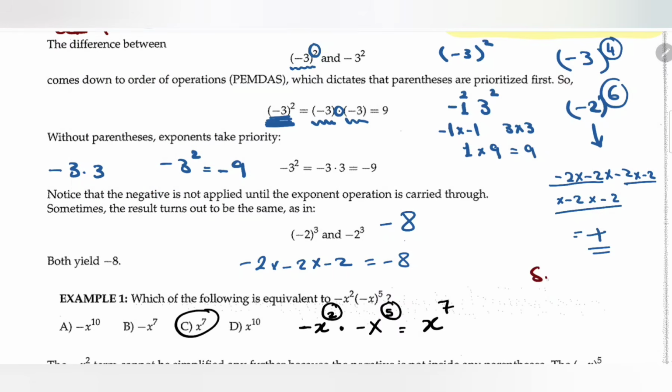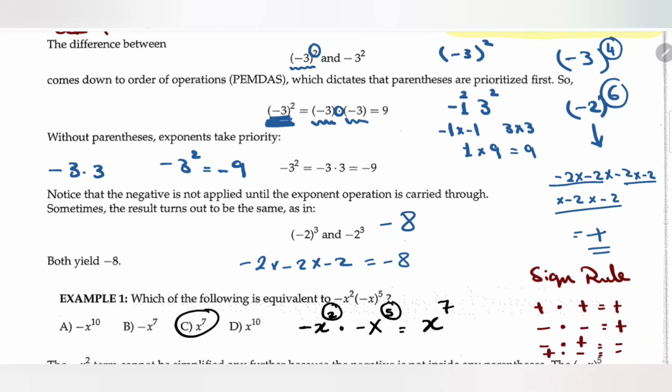The sign rule. So positive multiply positive, the answer is positive. Negative multiply negative, the answer is also positive. Negative multiply positive or positive multiply negative, the answer will be negative.